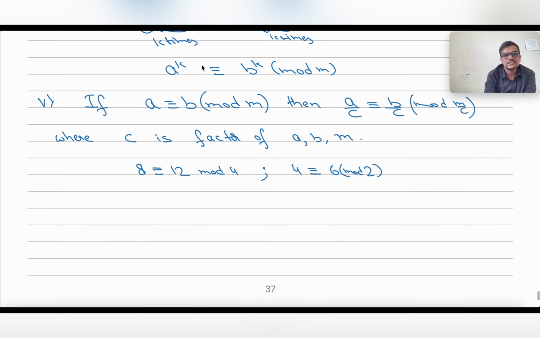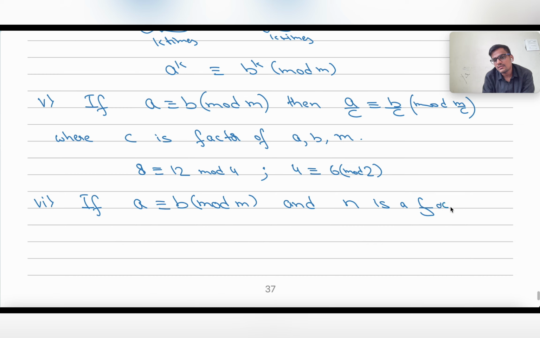Now let's move to the sixth property. If A is congruent to B modulo M, and N is a factor of M, then A will be congruent to B modulo N also, right?